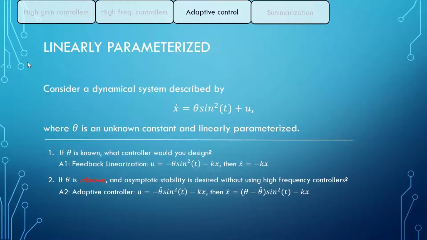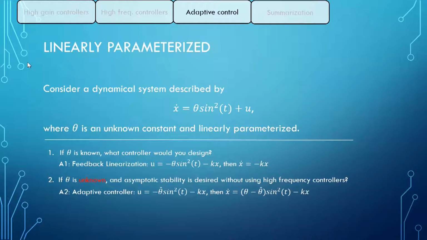In adaptive control, the structure is different. We had minus kx before, and in high gain we put minus k2x. In high frequency we put minus k2 sine x. And for adaptive, we put minus theta hat sine squared t. Here we have theta hat, which is the estimate of this theta.